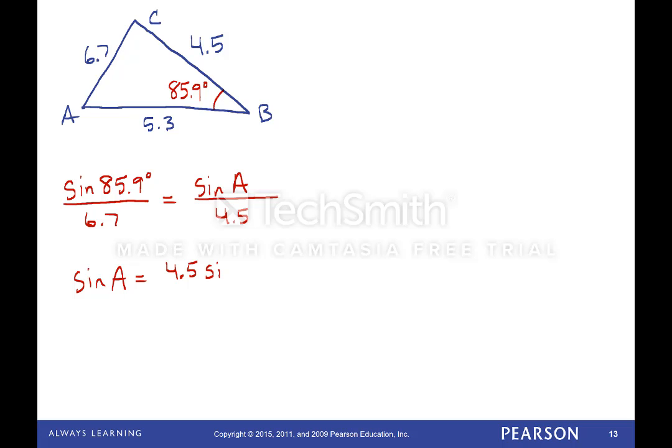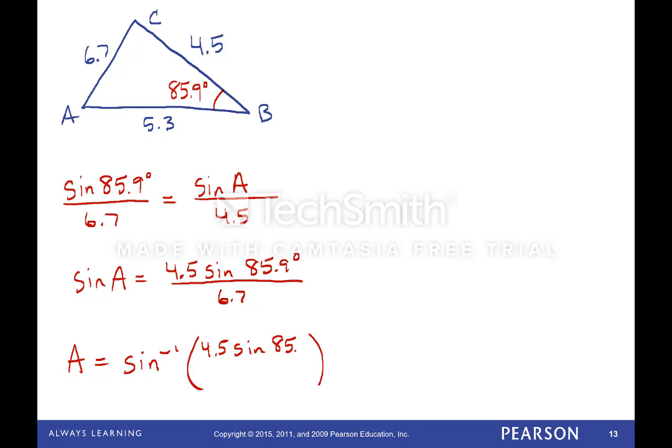So essentially, I multiplied both sides by 4.5. All right, and then now I have to take the sine inverse of that. So sine inverse of 4.5 sine of 85.9 over 6.7.